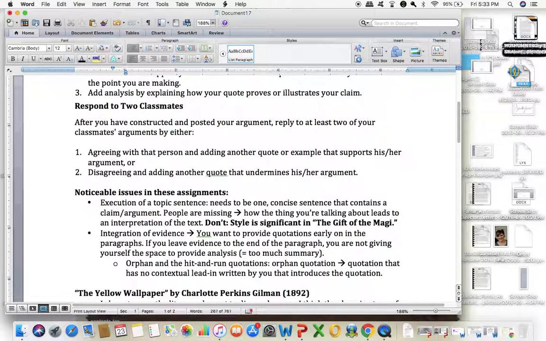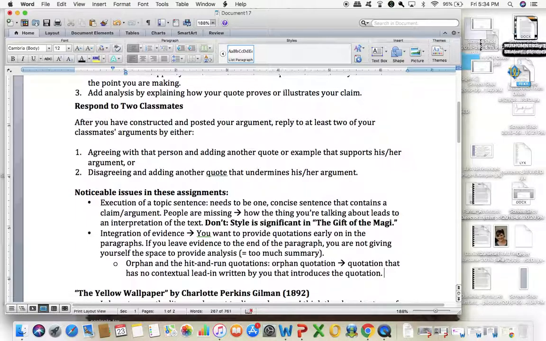So if you just have blah, blah, blah, period, here's my quotation, end of quotation, that's an orphan quotation. Your reader's kind of like, I don't know why you're giving me this information. You haven't provided any context for it. How am I supposed to make the connections? It's your job as the writer to make the connections for the reader. It's not the job of the reader.